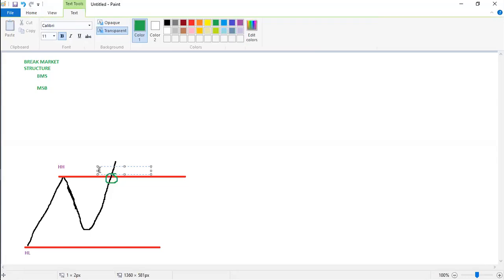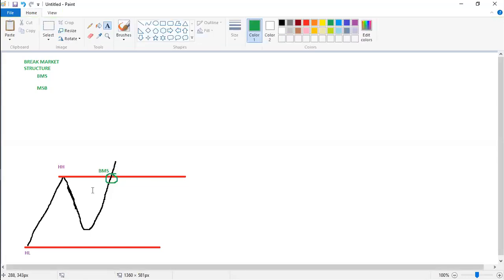What does BMS mean? It means price is breaking the highs. When you see price breaking the higher highs, what does that mean? It means price wants to continue going up, going higher. If they are breaking the higher highs, they want to go higher.